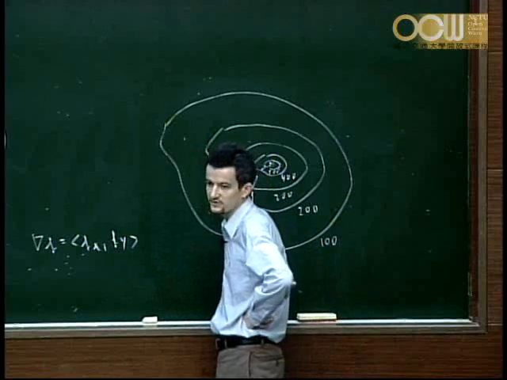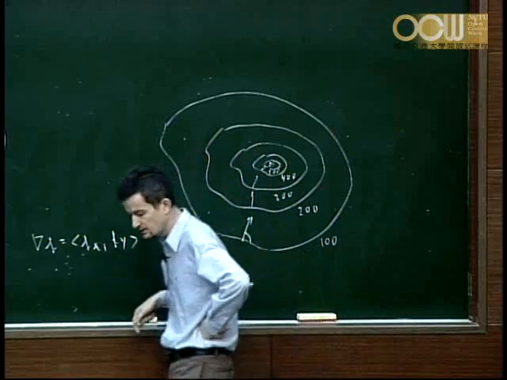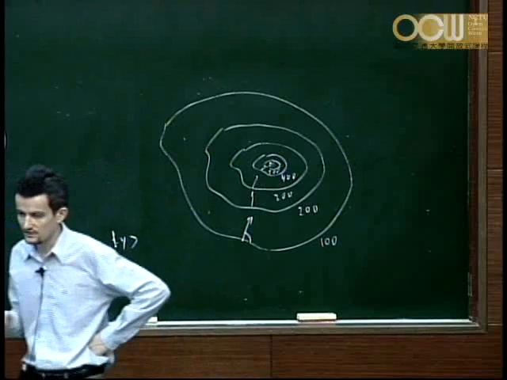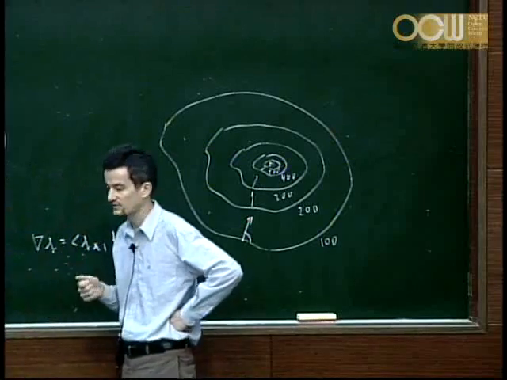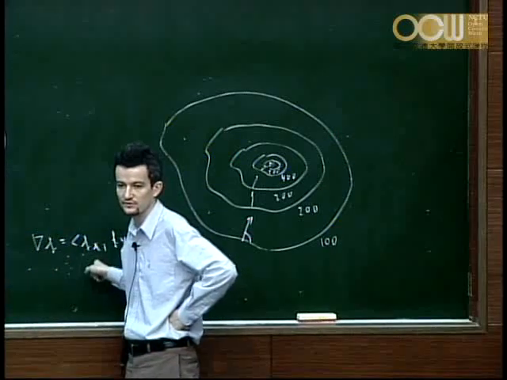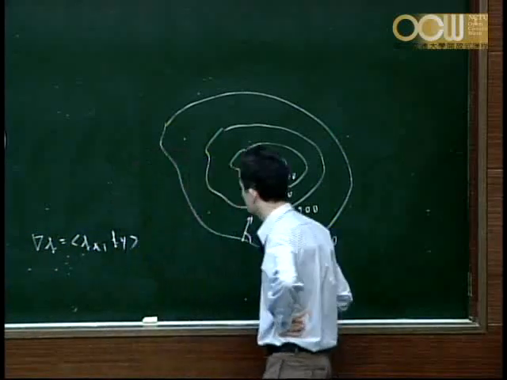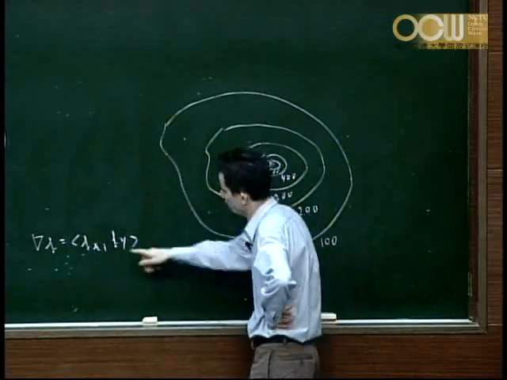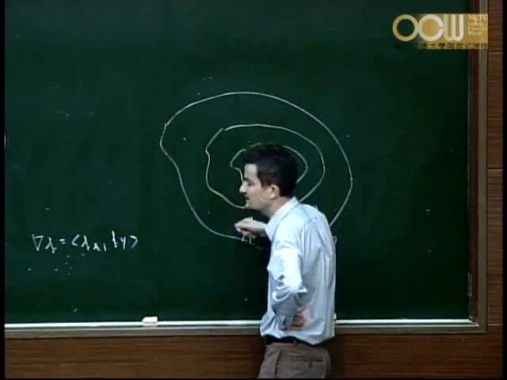It's a kind of generalization of a vector function. A vector function is from the real numbers into the set of vectors, and here you have a map from the plane into a set of vectors. So for every point here, you have a vector attached, which is given by the gradient.